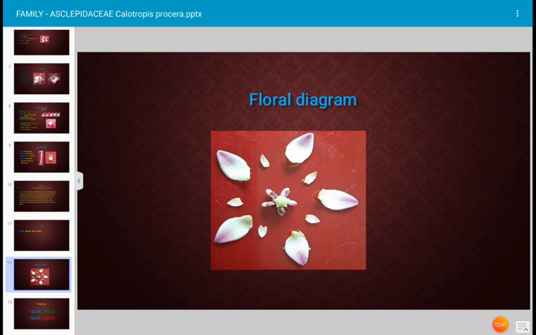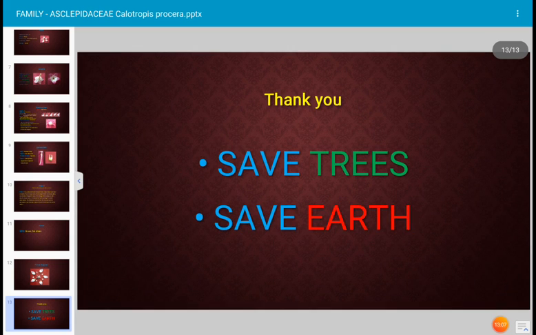Therefore, to create interest, we have drawn this figure and shown it in the photograph. There are 5 sepals and 5 petals, and the gynoecium, which is closed, and the androecium, that is stamens, which are closely associated with the stigma, have been shown in the center of the floral diagram. And okay, next slide.